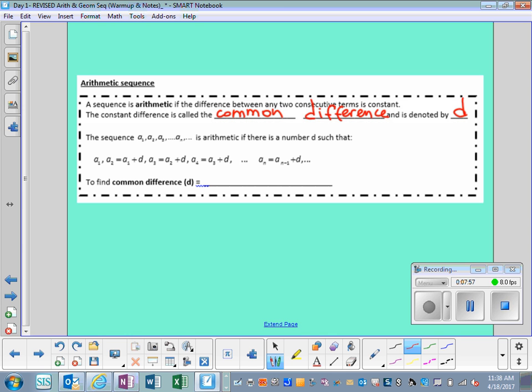Every term of the sequence, AN, equals AN minus 1 plus D: the previous term plus the same number D, the common difference. What kind of rule is this, recursive or explicit? Recursive, because to know my term AN, I need to know the previous term.